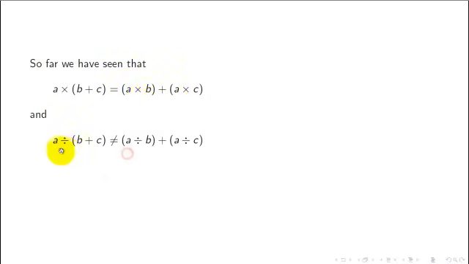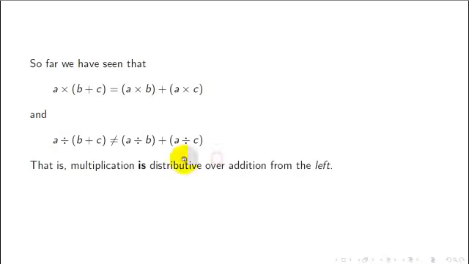So far we have seen that a multiplied by b plus c equals a multiplied by b plus a multiplied by c, and a divided by b plus c is not equal to a divided by b plus a divided by c. Now with these two expressions you can see clearly that multiplication is distributive over addition and division is not distributive over addition.